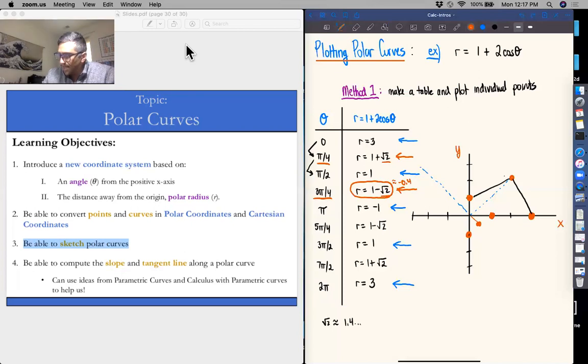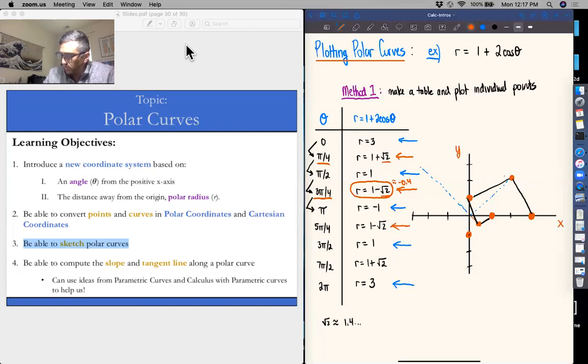So let's just go ahead and connect those 2 points, again, pi over 4 to 3 pi over 4. It looks like we're doing something like that. And then we can connect 3 pi over 4 to pi. And we could keep doing this process at an angle of 5 pi over 4.